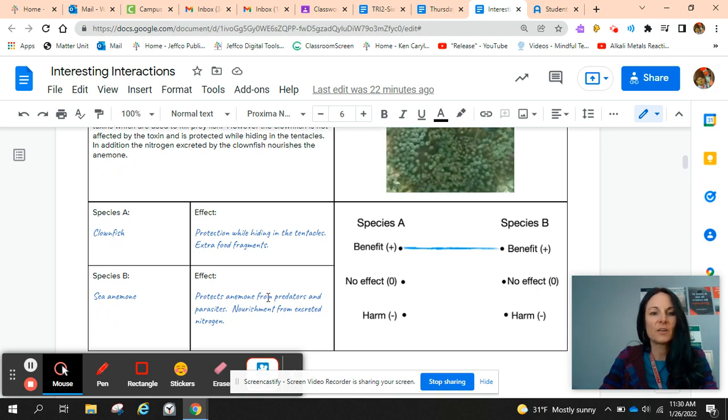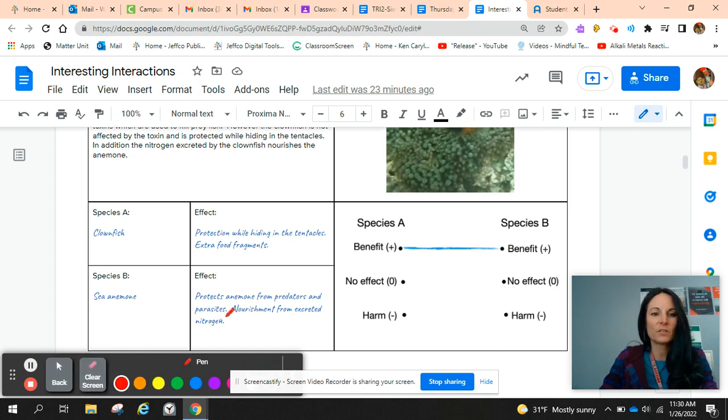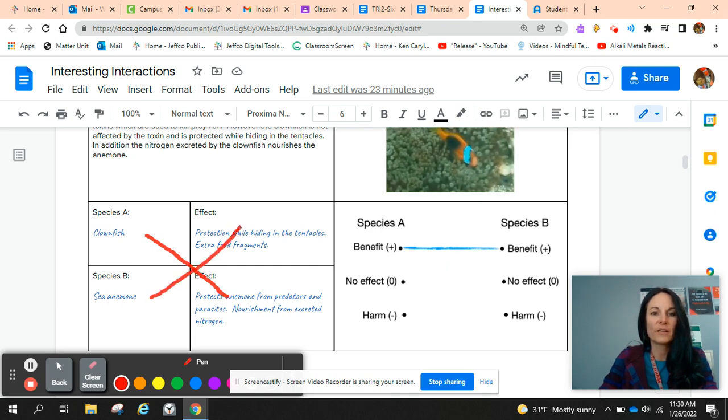The clownfish is protecting the anemone from predators and parasites, and it's getting nourishment from its nitrogen. So you can kind of see here, the clownfish's effect on the sea anemone is written down here. This is what he's doing, and it's affecting the sea anemone. And what the sea anemone is doing is written up here as the effect on the clownfish. Okay, so that's why it looks like that.